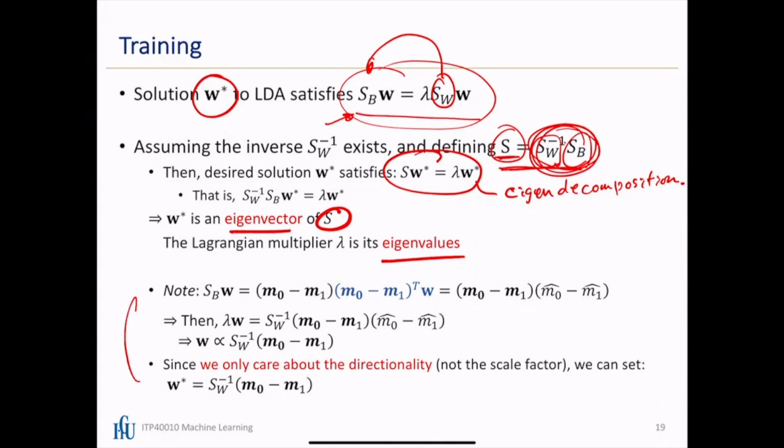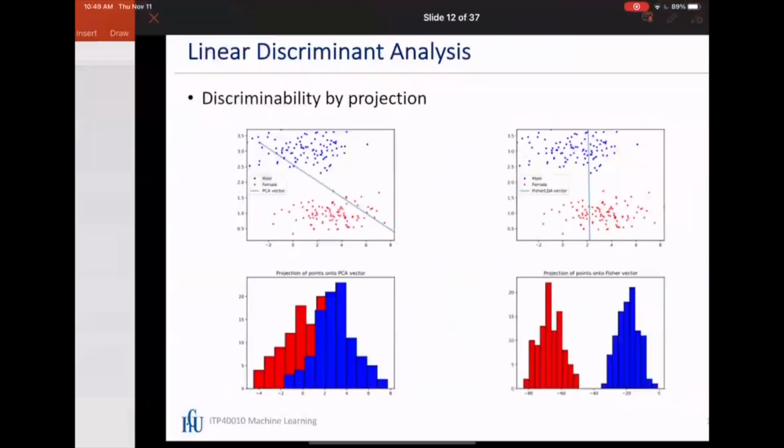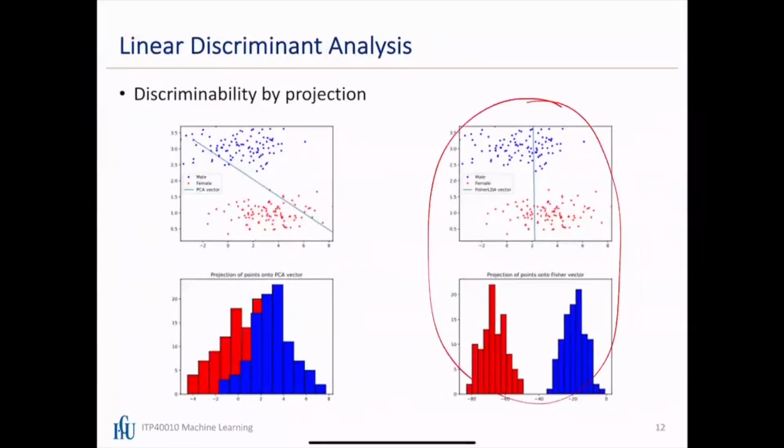You can read through it. The main message over here is that we wanted to find vector W, the projection matrix or projection vector. In this projected space, we could do this instead of doing this.